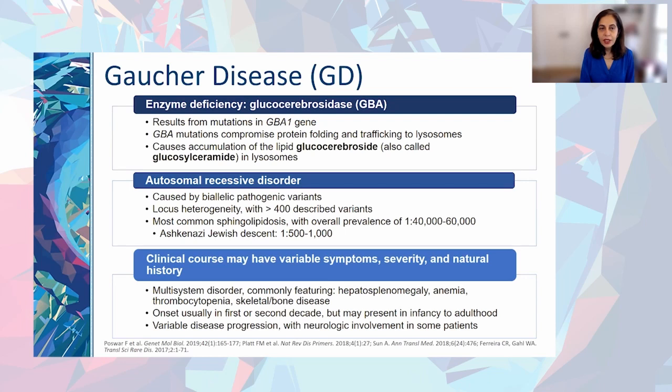As I stated earlier, it is an autosomal recessive disease, and at this time, there are more than 400 pathogenic variants described for Gaucher disease, and it is described as the most common sphingolipidosis with an overall prevalence of 1 in 40,000 to 60,000, but amongst individuals of Ashkenazi Jewish descent, the frequency is anywhere from 1 in 500 to 1,000.